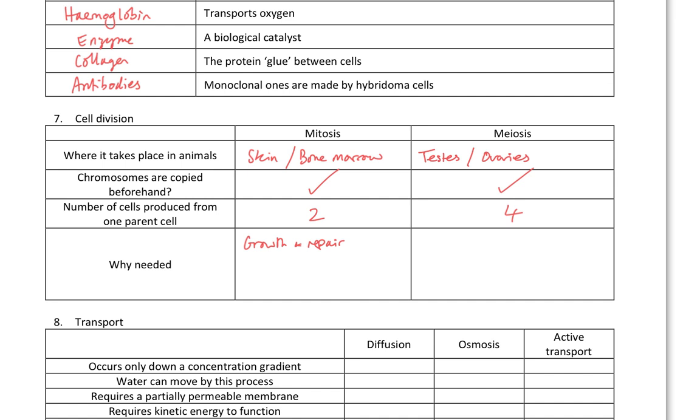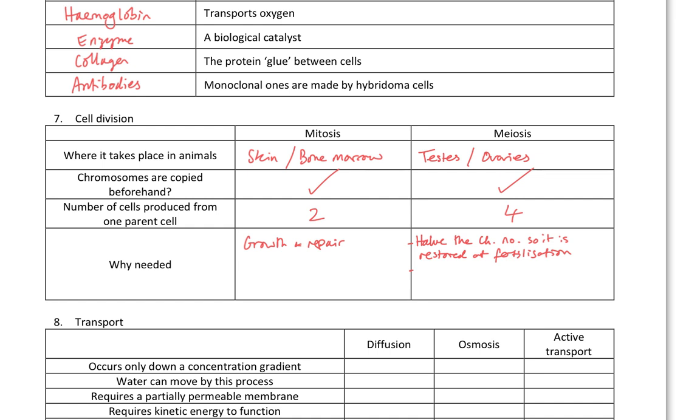We need it to halve the chromosome number. It is restored at fertilization, not doubled at fertilization. So you have to halve it first, hence why there's a double division.